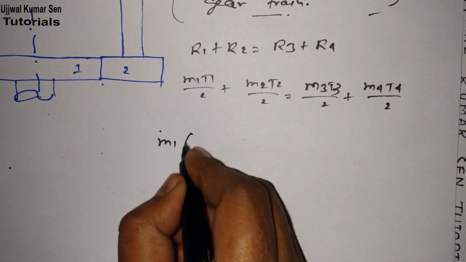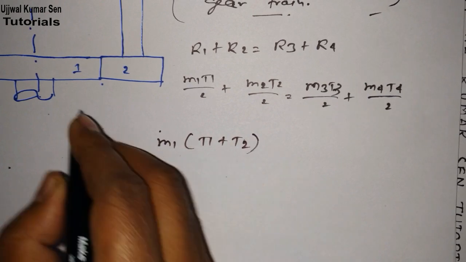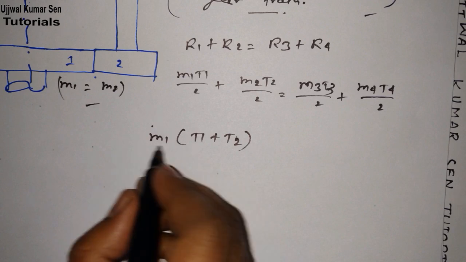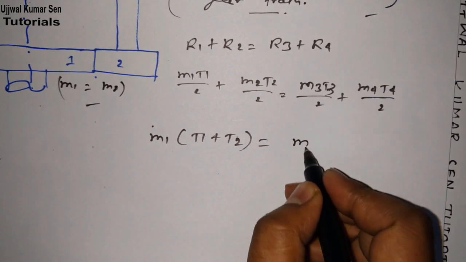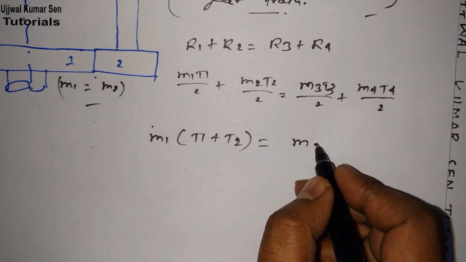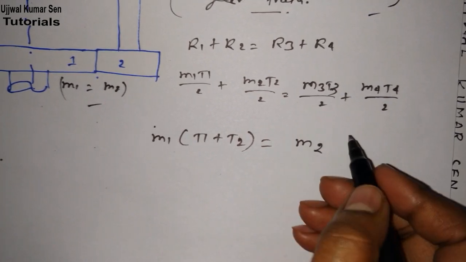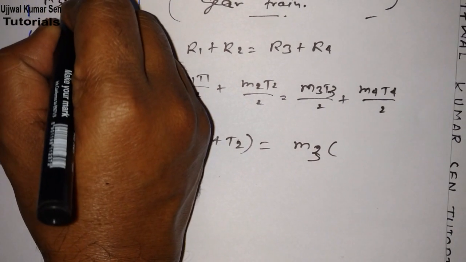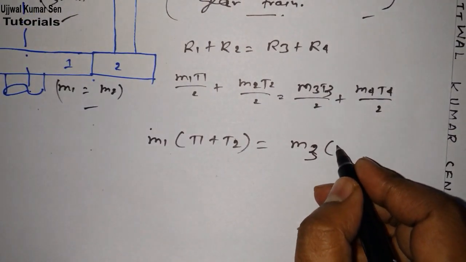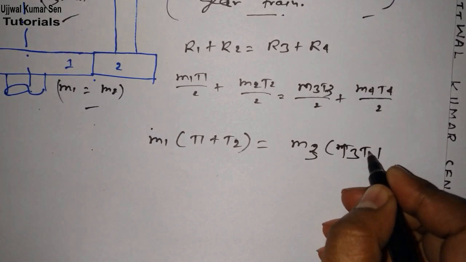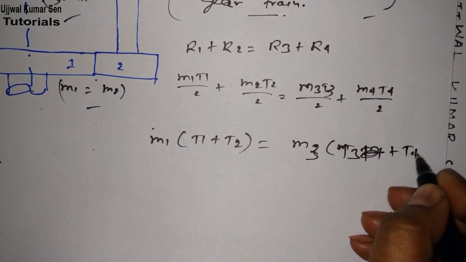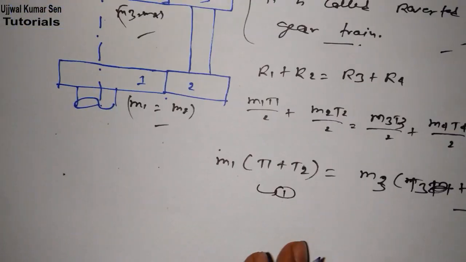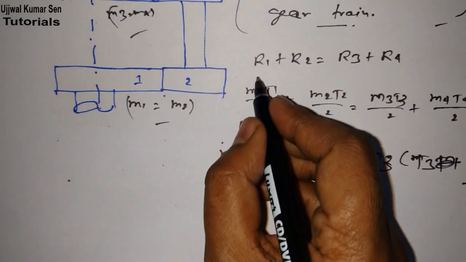For this case, m1 is equal to m2, so we can take m1 common here, (t1 plus t2), and here m3 is common, because m3 is equal to m4, so t3 plus t4. So this is one of the equations. Now, what I have shown you is how we can write this from R.